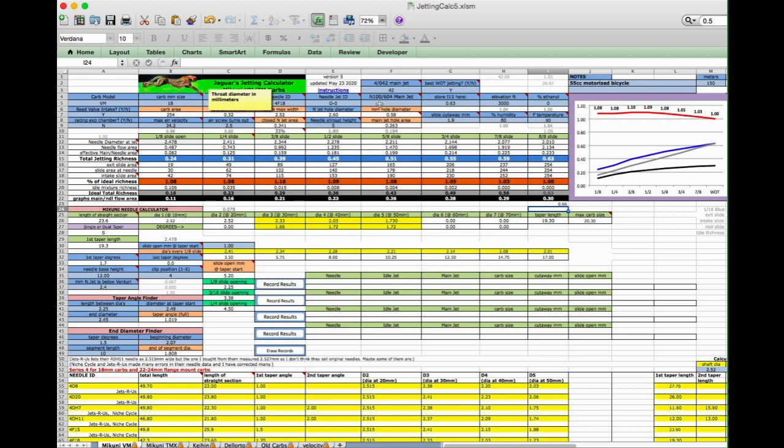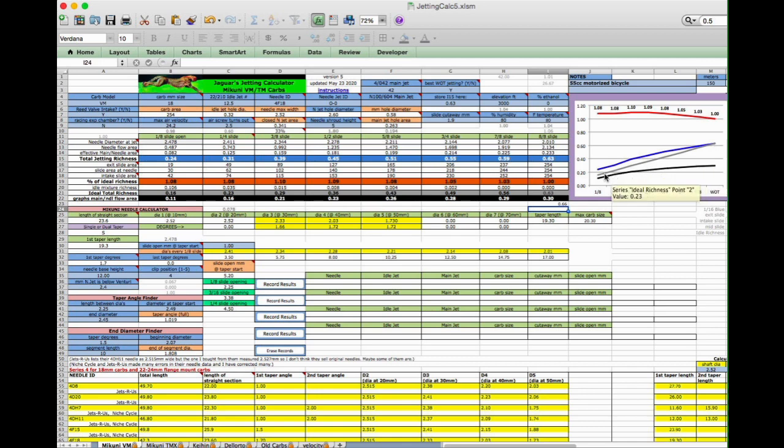So all these light blue cells, you enter all that information in. Then you take this number right here, which in this case is 0.63, and you enter it right here. That stores it, okay? So any other changes you make on the needle, the needle jet, the clip position, anything else, it'll still remember that as the ideal top throttle setting jetting.